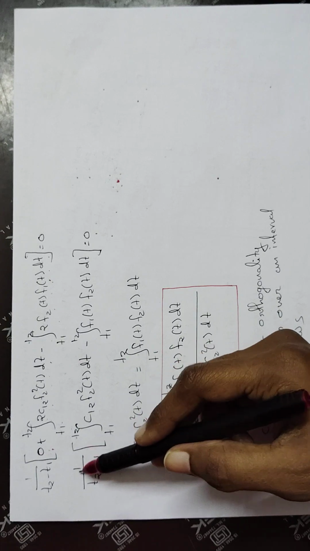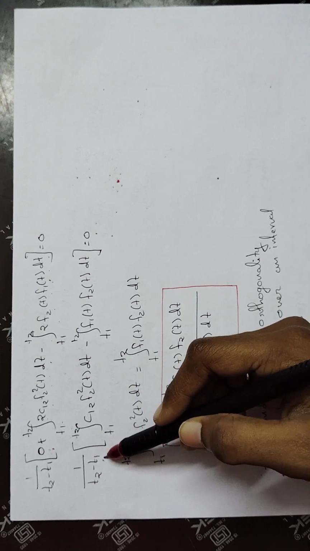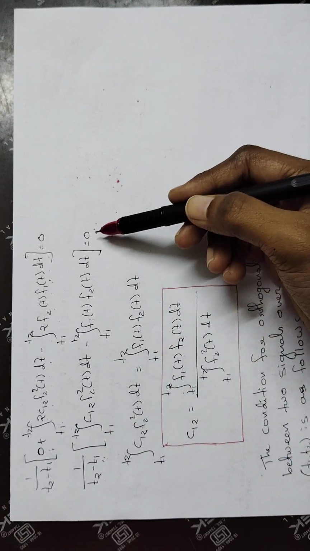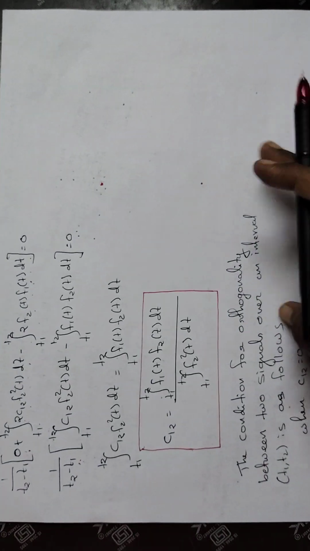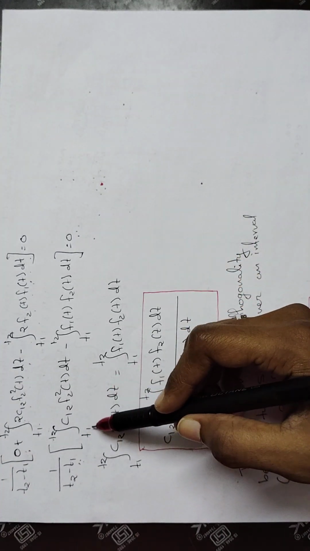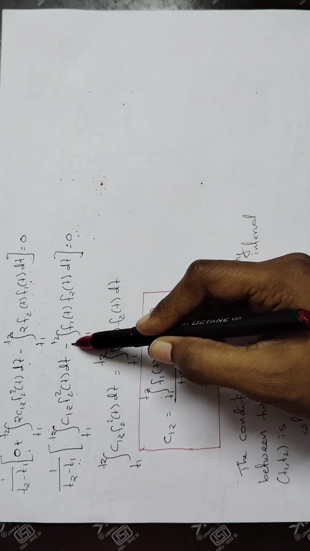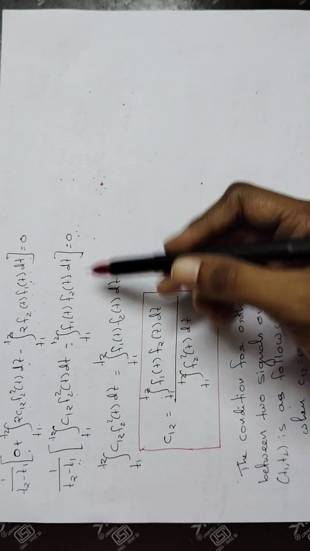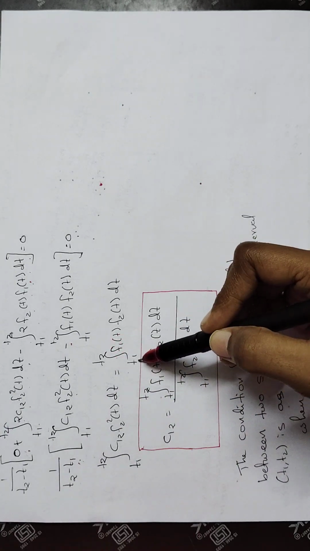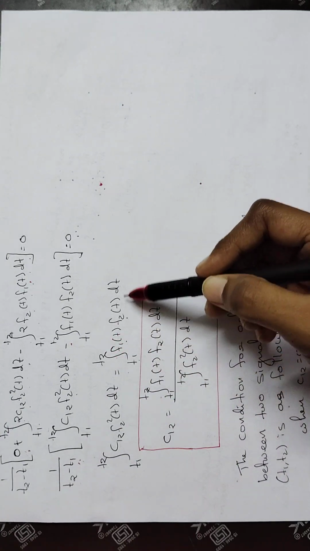So 2 by (t2 minus t1) into 0 gives 0. The remaining part is the integration of c12 f2 square of t dt, equal to the integration of f1(t) into f2(t) dt.